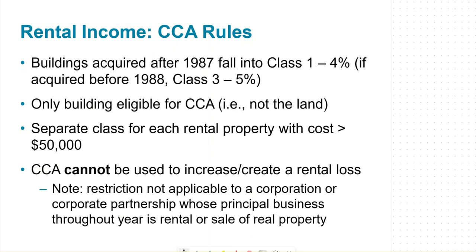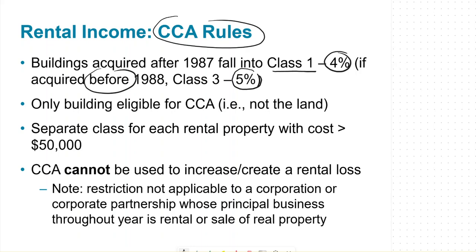Now, the rule for the CCA, of course, goes to chapter 5 of your CCA. We have a class 1, they will take 4%. If the building was built before 1980, acquired before 1988, you will do 5%. Land does not depreciate, so there's no CCA on that.